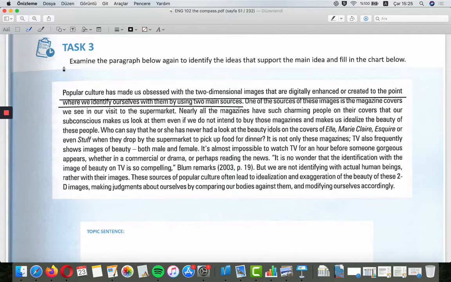This is the topic sentence of the text. Then it goes on. It says, one of the sources of these images is the magazine covers we see in our visit to the supermarket. Okay, magazine covers is our support.